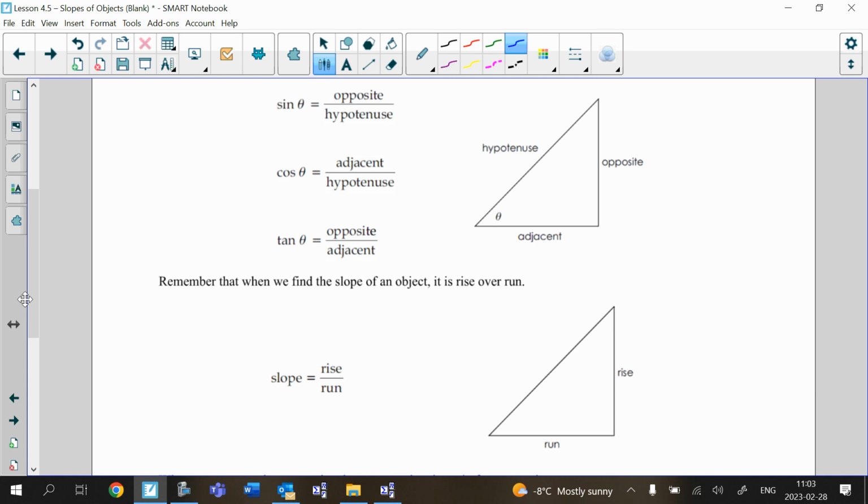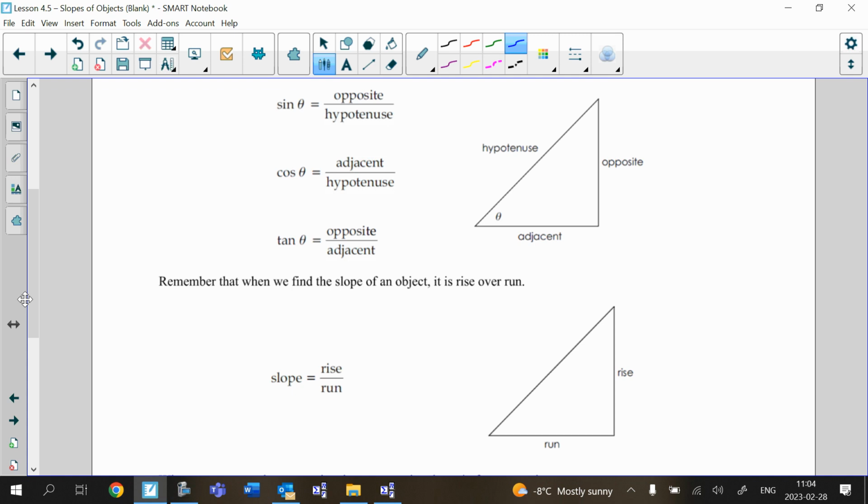So if I know what this angle is, and I want to know what the opposite side is, and I know the hypotenuse, then I use one of these three. If I know the adjacent and I want to find the hypotenuse, I use another one of the three. I'm not going to go into a big description of trigonometry today because we're only going to do one type of question where you use trig.